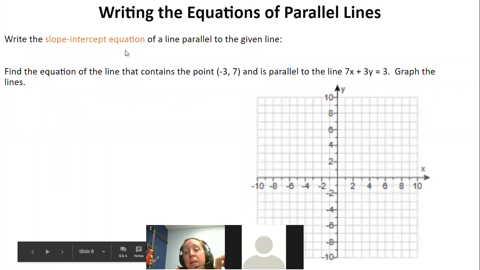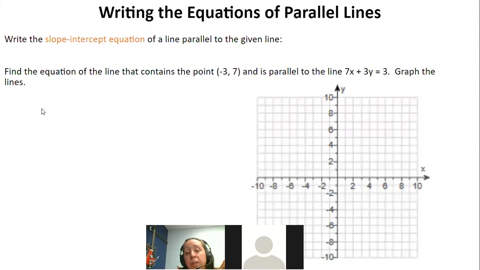The main thing that might cause a little bit of confusion for your homework is you're going to have to come up with the equation of a new parallel line. So first we have to write the slope-intercept equation of a line parallel to the given line. We need the equation of the line that contains the point (-3, 7) and is parallel to that one.